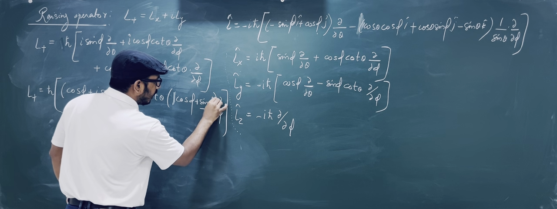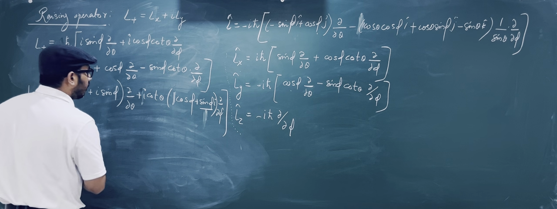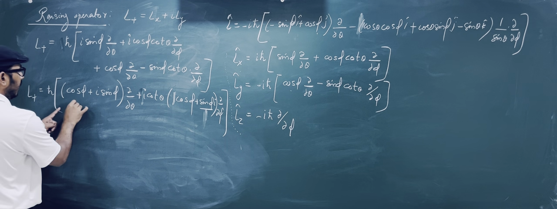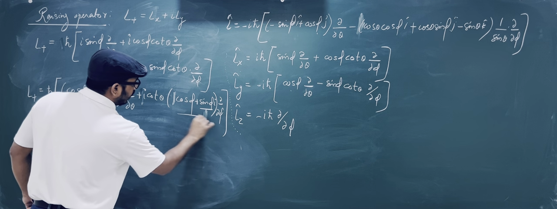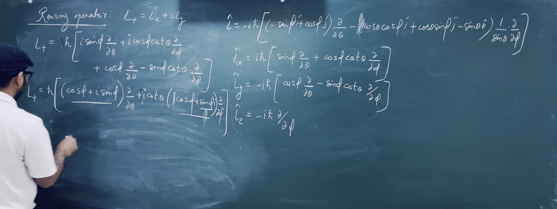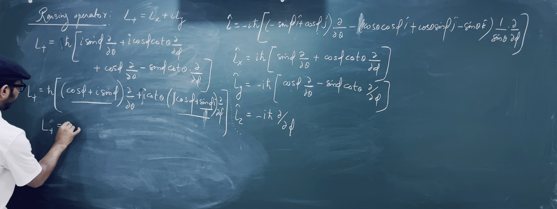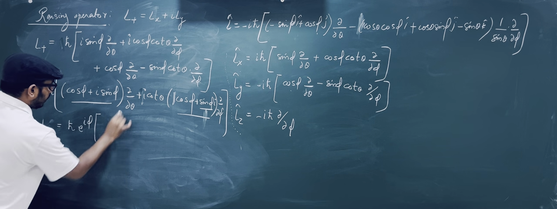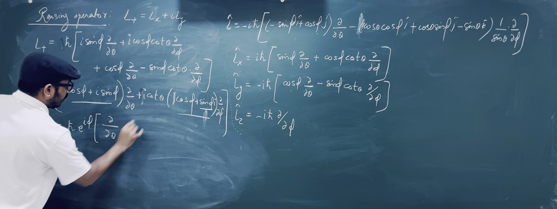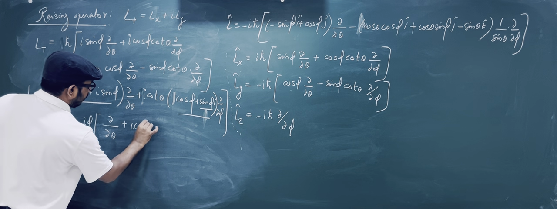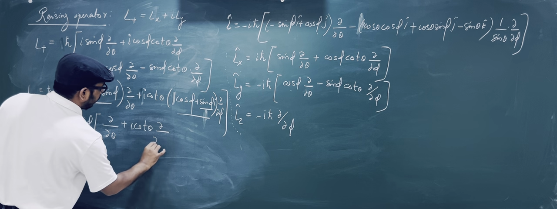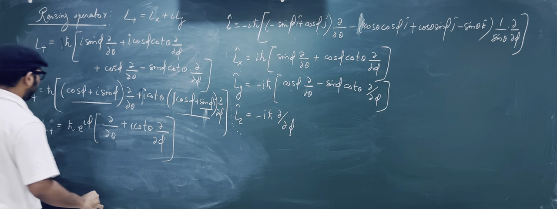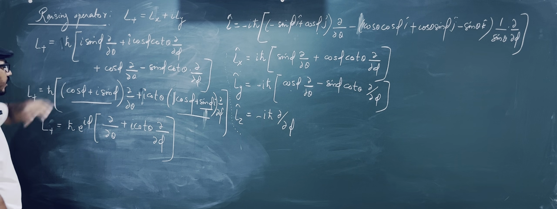And we have an i over here. So this becomes e power i phi. This can be taken out, and L plus can be written as h cross e power i phi, and this is del over del theta plus i cot theta del over del phi. This is the raising operator.